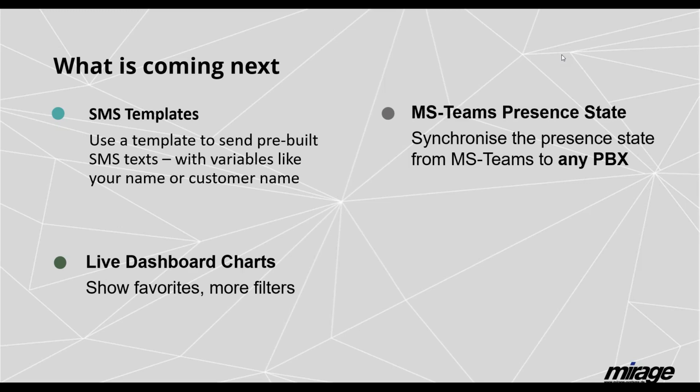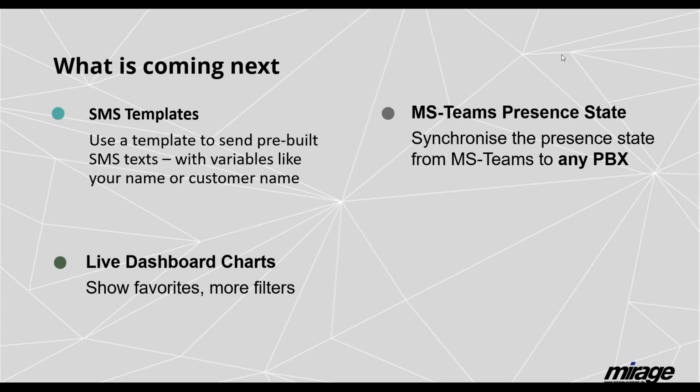Then with our next release, we are already working right now on the synchronization of the presence state if you are using Teams. That is actually functionality we have right now with, for example, 3CX. This will be extended to any PBX that you are using, where I would say more than 90% of those out there are probably using Teams as a collaboration platform.